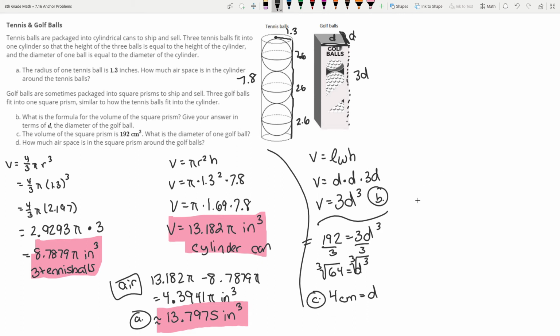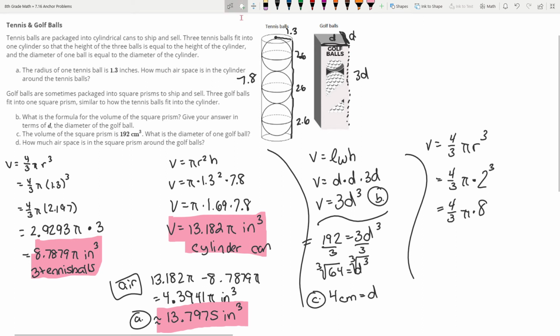Now, how much airspace is around the square prism around the golf balls? Well, we need to find the volume of one of those golf balls first. And so the volume for one golf ball, once again, 4/3 times pi times the radius cubed. 4/3 times pi times the radius of 2. Diameter is 4, radius is 2 cubed. 4/3 times pi times 8. 2 to the third power is 8.